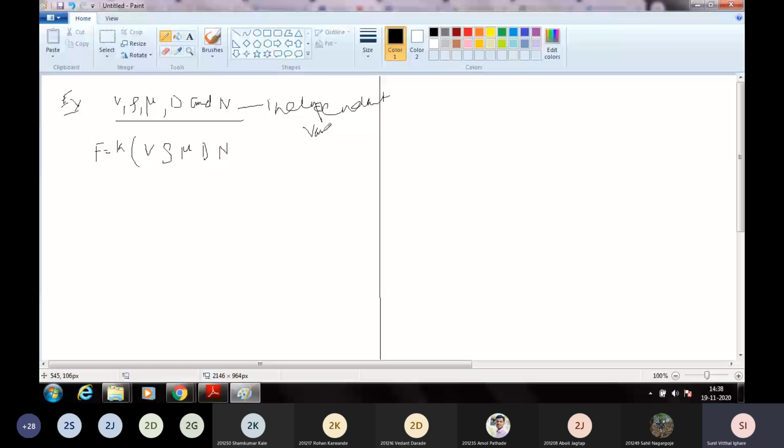For every independent variable, I just quote the names A, then B, then C, then D, and at the last E. So force in terms of fundamental dimensions, how can I write force? Force I just write as M L T raised to minus 2. We have seen how to simplify this. That is equal to K.